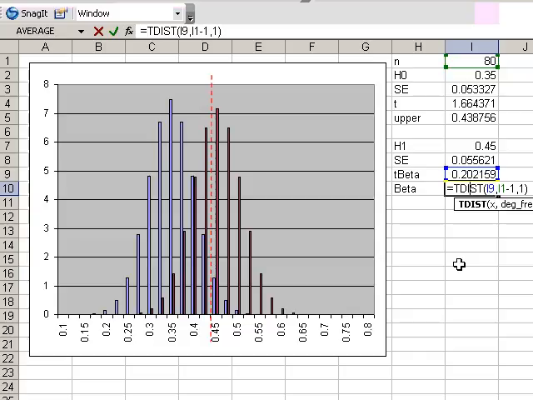When we do that, we find that beta is 0.42.